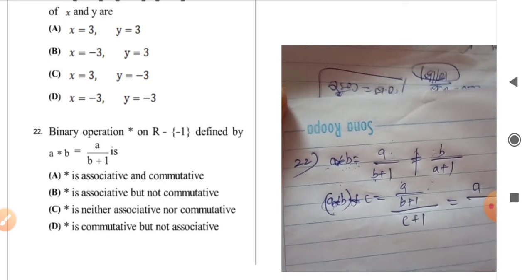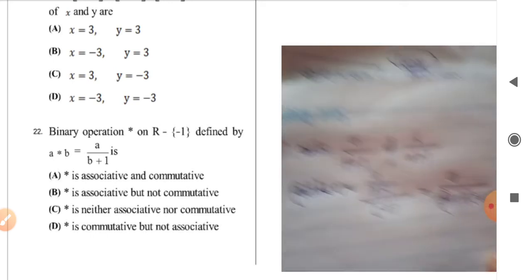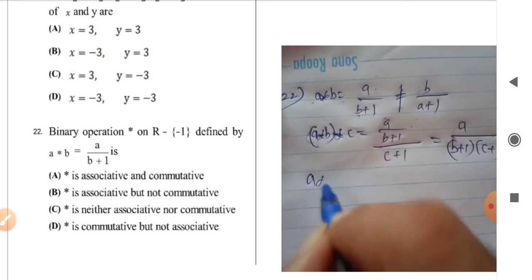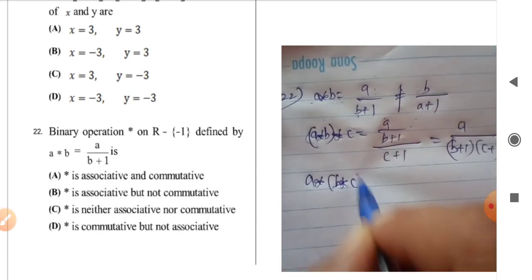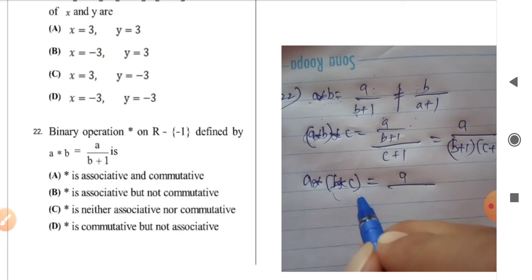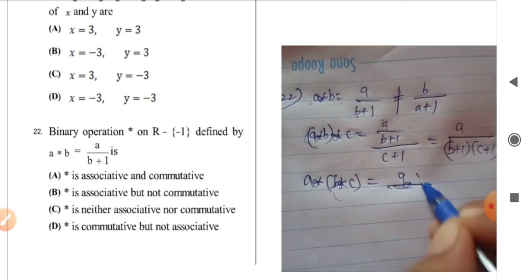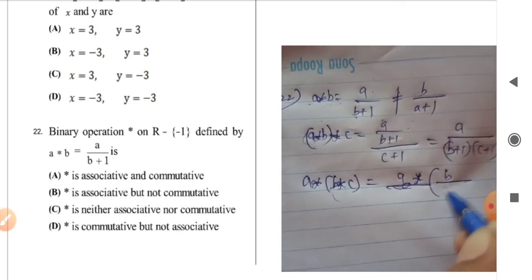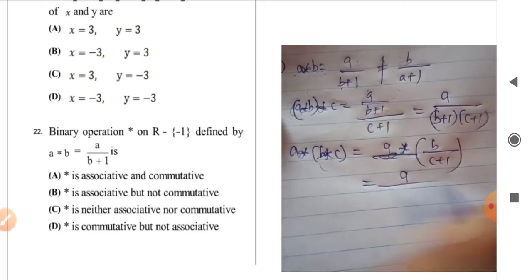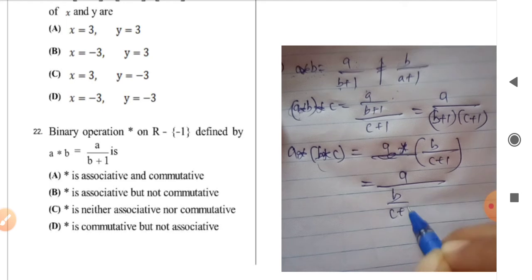What's the answer of this? A divided by b plus 1 times c plus 1, correct? But when you take a star (b star c), this is equal to a star, and b star c is b divided by c plus 1, then proceed one more step: a divided by b by c plus 1 plus 1.